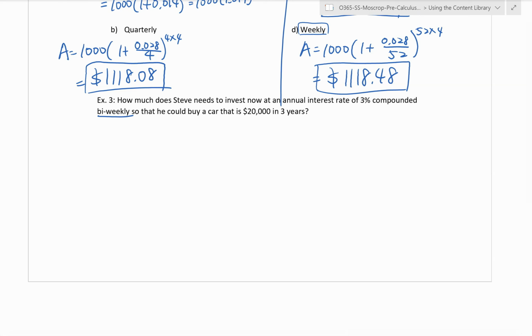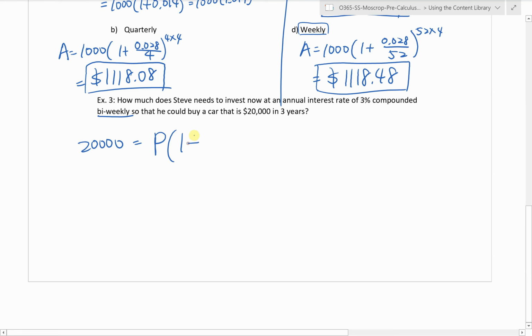So what Steve wants is $20,000 in 3 years, and what he wants to figure out is how much he needs to invest right now. So he needs to figure out what his principal should be right now to get to $20,000 if he can generate a 3% annual interest rate compounded bi-weekly.